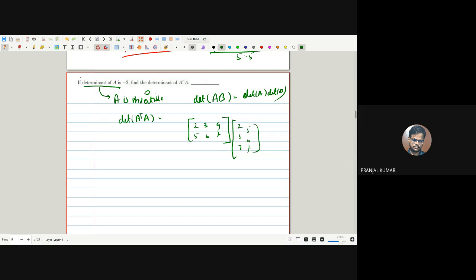In this case, this is a 2 cross 3 and this is a 3 cross 2. So in this case, for determinant of A transpose A, you won't be able to write determinant of A into determinant of A transpose, because both are not square matrices. Determinant is only for square matrices, so only in that case can we.